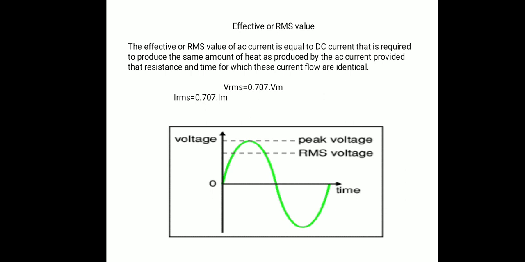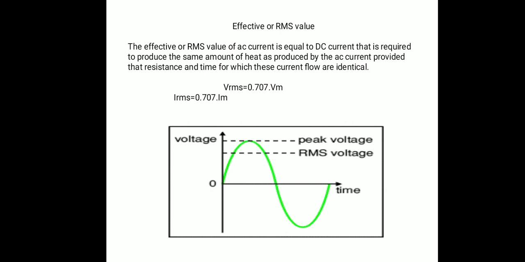The effective or RMS value of AC current is equal to the DC current that is required to produce the same amount of heat as produced by the AC current, provided that the resistance and the time for which these currents flow are identical. So the RMS value of any AC current is equal to the equivalent DC current.